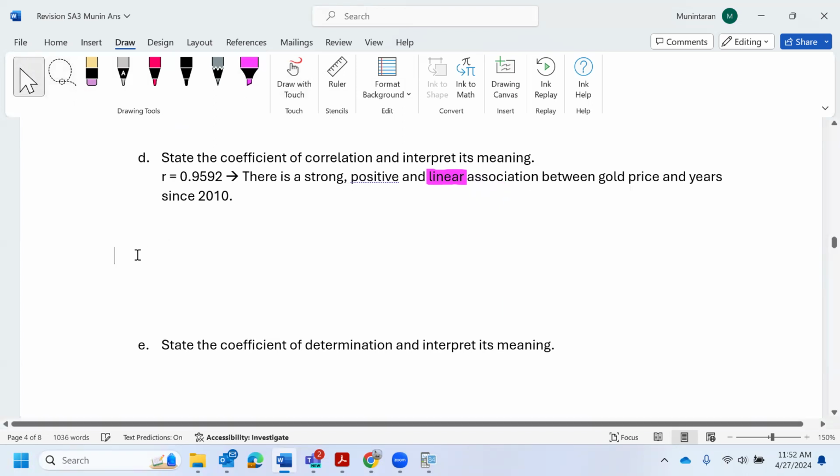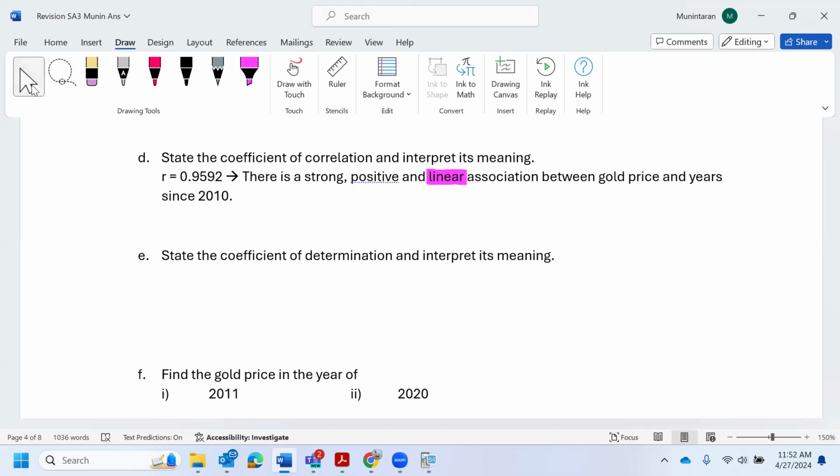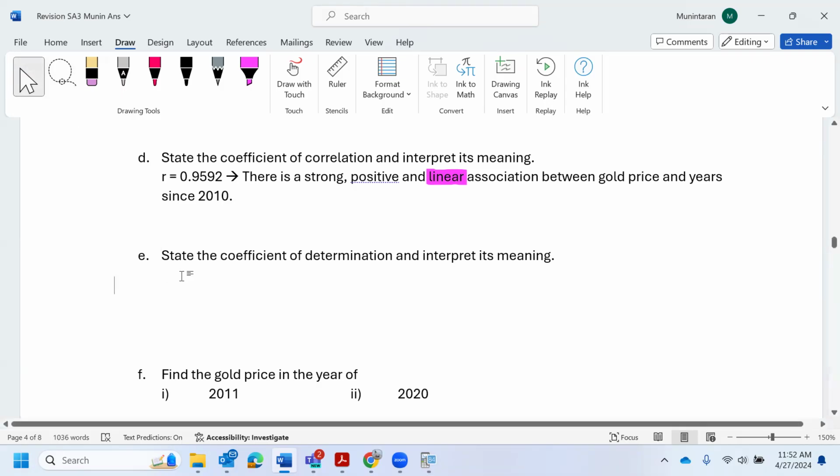Quite strong value. State the coefficient of determination. Determination means your R squared. Okay, that is your R squared.